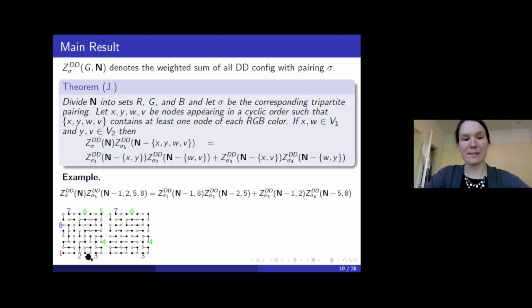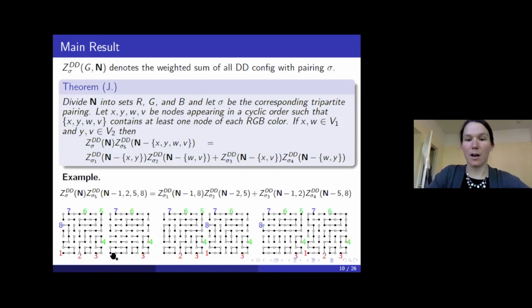So then what the theorem says is that the weighted sum of all double dimer configurations with this node set on this graph, times the weighted sum of all double dimer configurations on the same graph, but where 1, 2, 5, and 8 are no longer nodes, so now 1, 2, 5, and 8 are just vertices with multiplicity 2, is equal to the sum of products of generating functions for double dimer configurations.